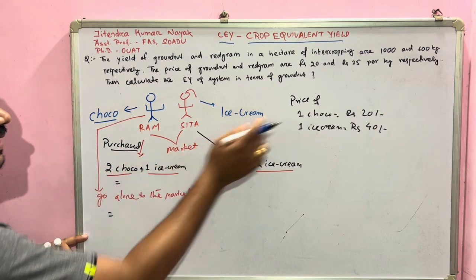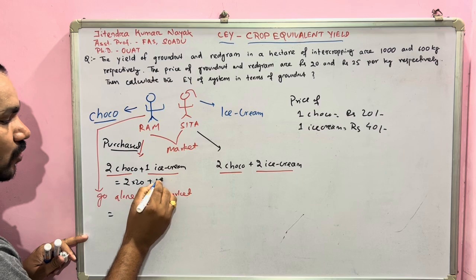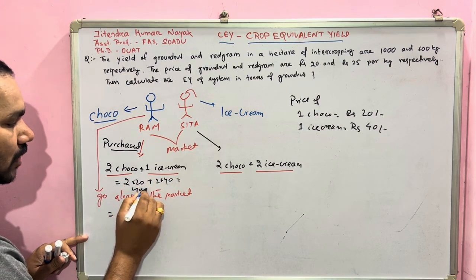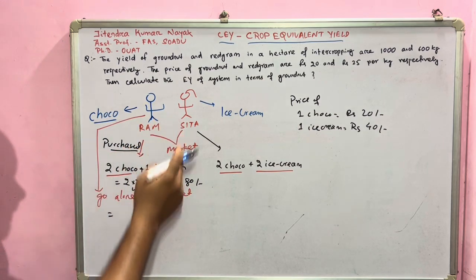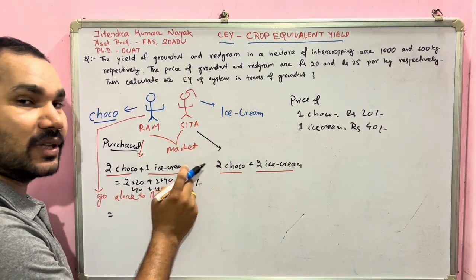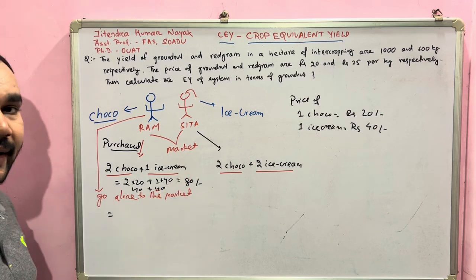For 2 chocolates, 2 into 20 rupees, plus 1 ice cream, 1 into 40 rupees, that means 40 plus 40, that is 80 rupees. So when Ram went with Sita, he spent 80 rupees.